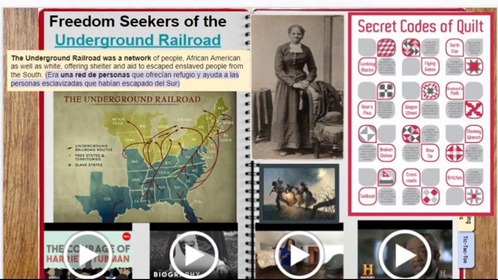There were several different ways in which this was done. Levi Coffin's house is the video right down here, where there was a trap door where people could hide, up to 15 people could hide inside of his house. There were also secret codes like in quilts, where you could just have a quilt draped over your front porch, and the different patterns that were woven into the quilts had different meanings and different significance.